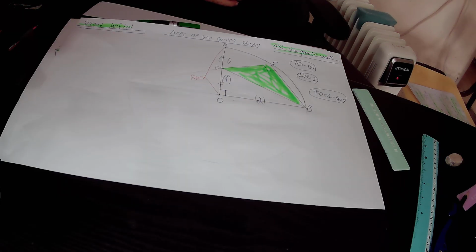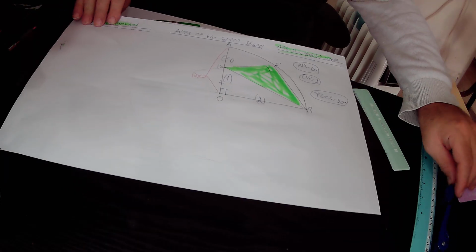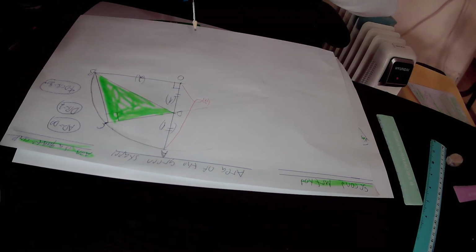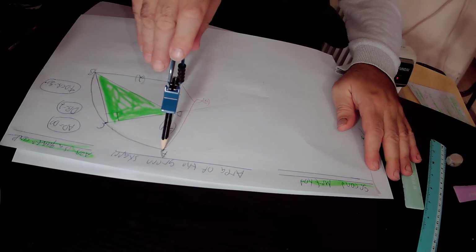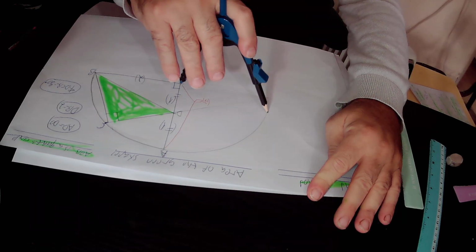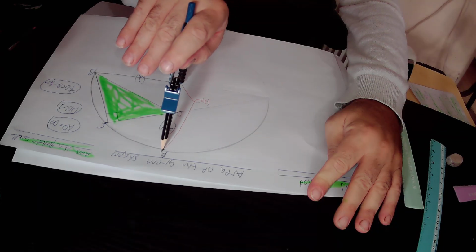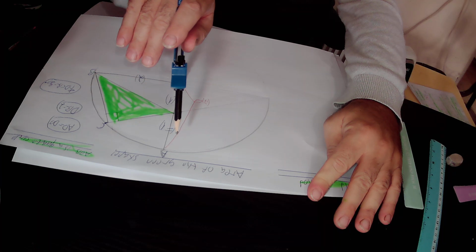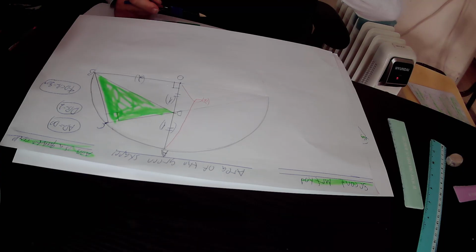In the next step, we will complete this quarter circle to a semicircle. And we'll extend the radius BO by a straight line until it touches the semicircle.